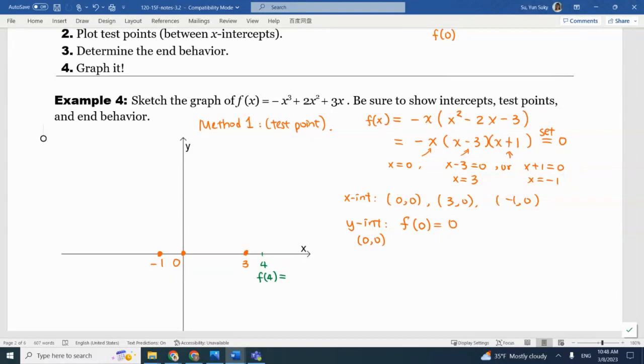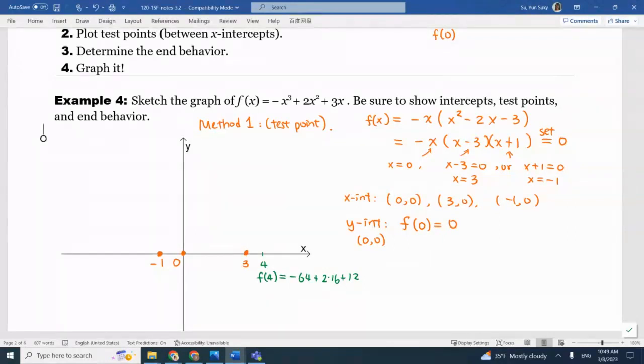Negative 4 cubed. What's 4 cubed? 4 times 4 is 16. 16 times 4, 64. Plus 2 times 4 squared, 16. Plus 3 times 4, 12. Right, everybody?